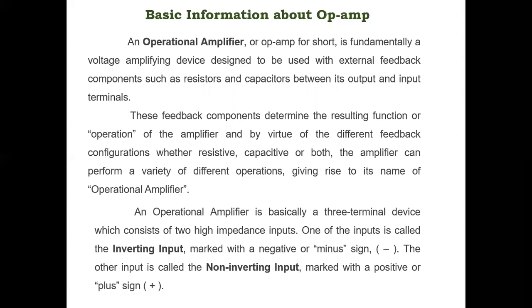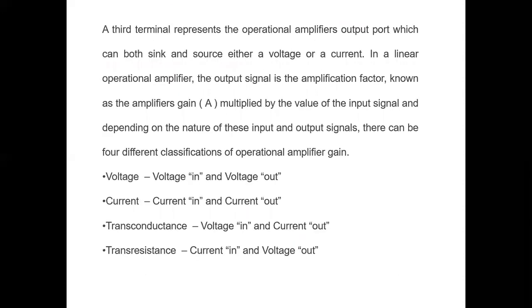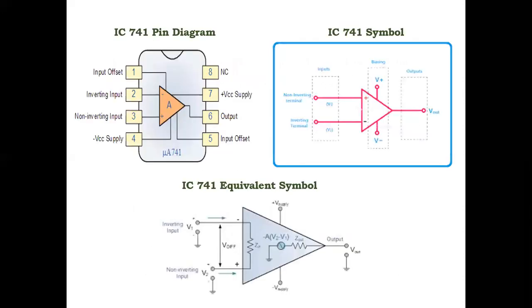Generally, an operational amplifier has two inputs, one inverting input and one non-inverting input, and one output. This is the basic pin diagram, symbol and equivalent symbol for the IC741. IC741 is an 8-pin package. It has input offset, inverting input, non-inverting input, minus VCC power supply, no connection, plus VCC power supply, output, and input offset.